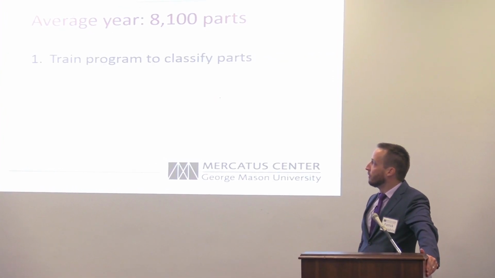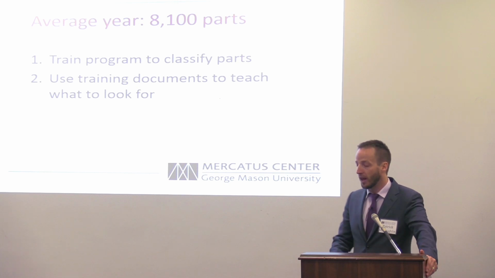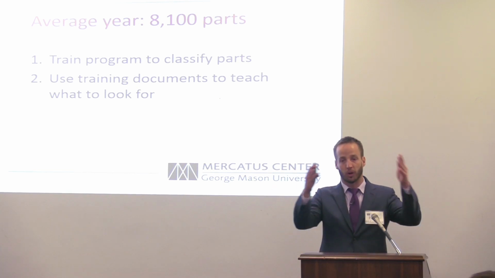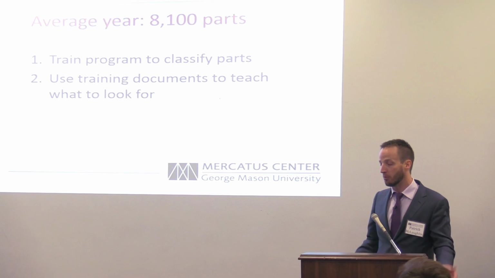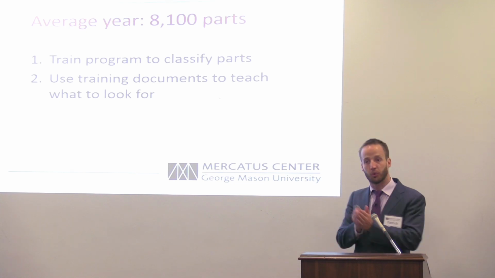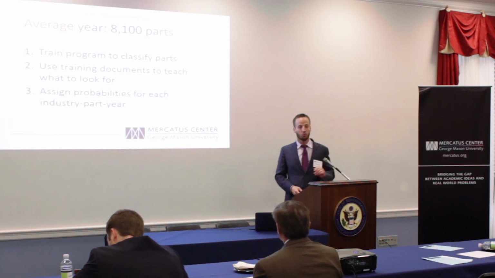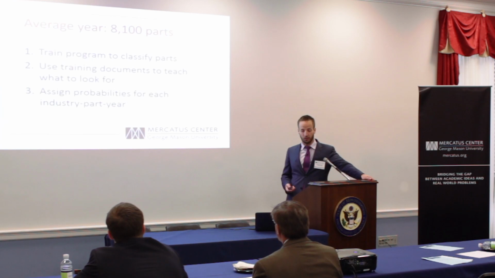So the way we do this with machine learning algorithms is first we train a program to do this classification for us. And then second, once that program's learned how to do the classification, we set it to work on all those books and have it spit out some numbers. Similar sort of logic as taking a set of search terms and looking through each book for the search terms, except in this case, we're not relying on human-defined sets.